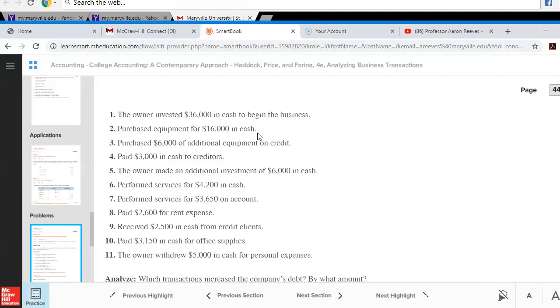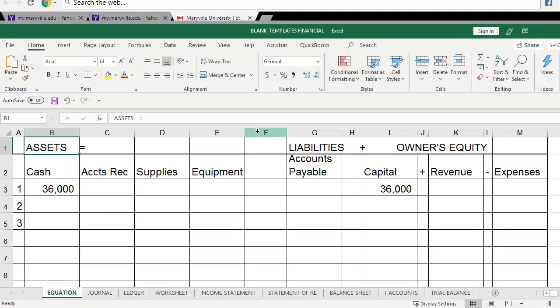So for this example, you have two asset accounts, one being cash, the other being equipment. One asset account, equipment, increased by $16,000, while the other asset account, cash, decreased by $16,000.